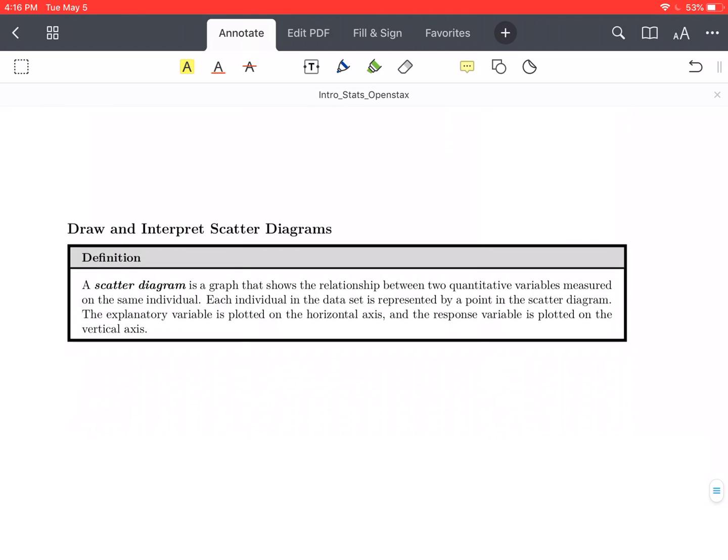A scatter diagram is a graph that shows the relationship between two quantitative variables measured on the same individual. Each individual in the data set is represented by a point in the scatter diagram. The explanatory variable is plotted on the horizontal axis. The response variable is plotted on the vertical axis.